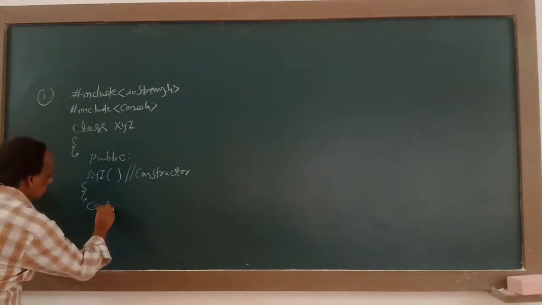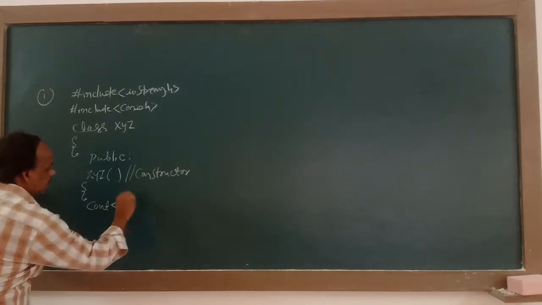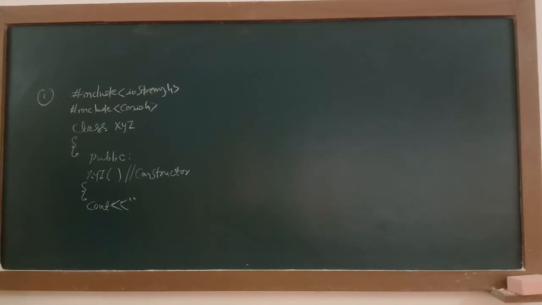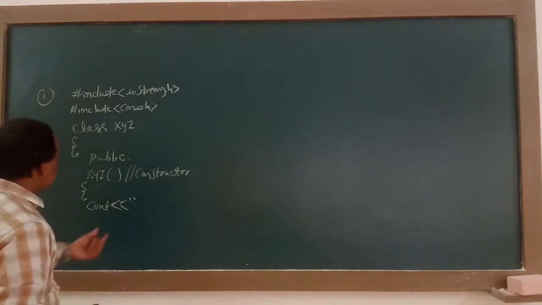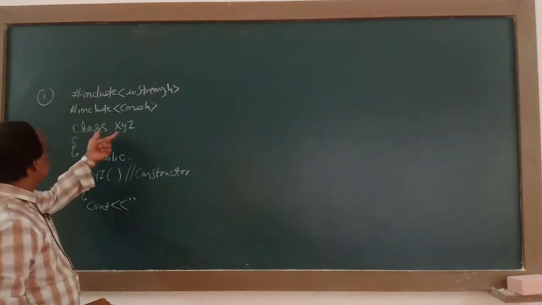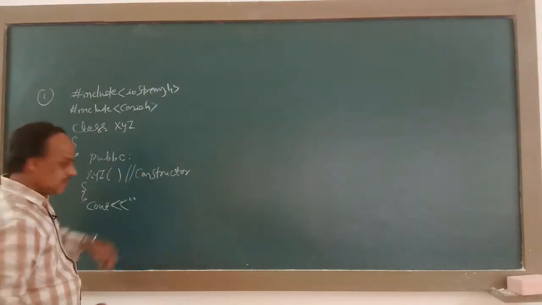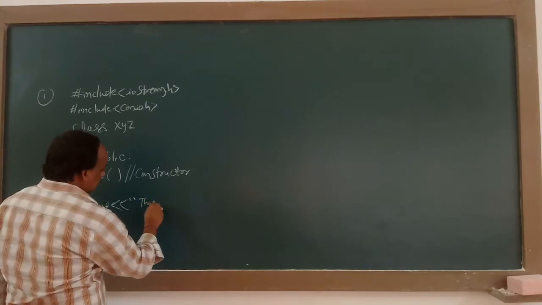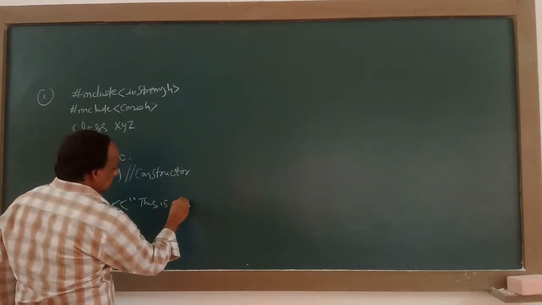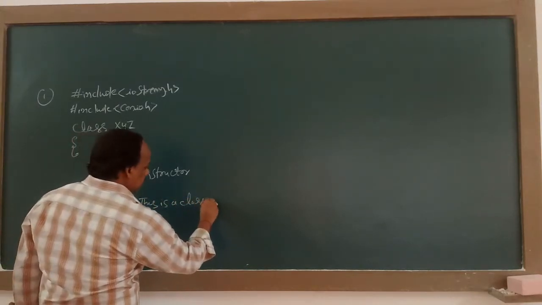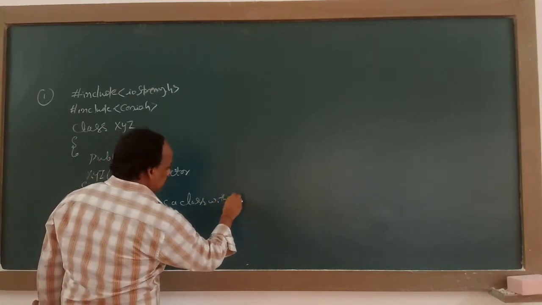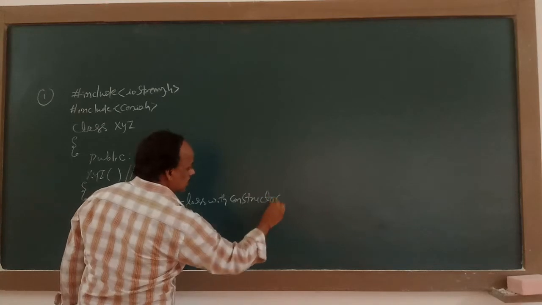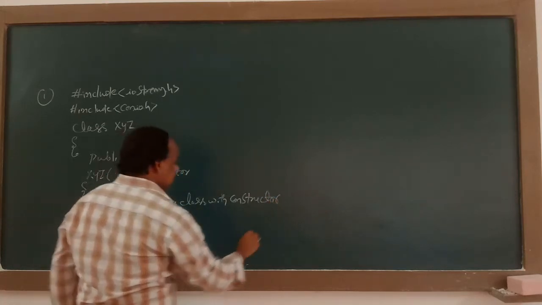See here, cout. What sentence am I going to write here? This is a class with constructor. Therefore I am going to write the statement: this is a class with constructor.